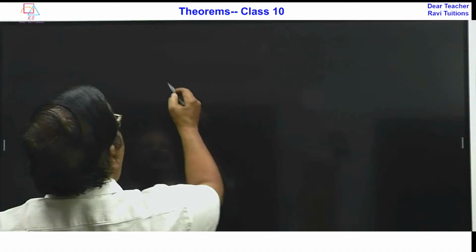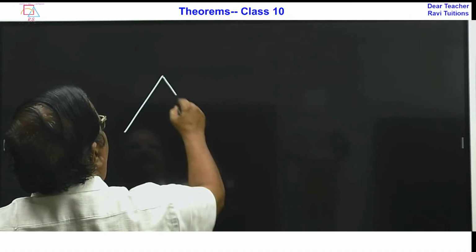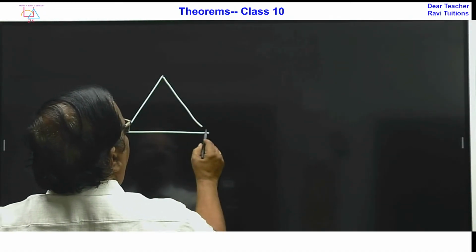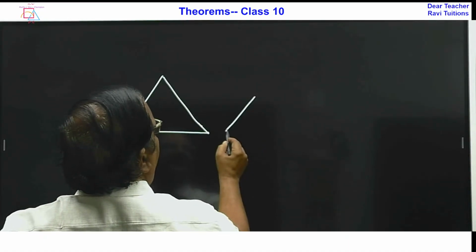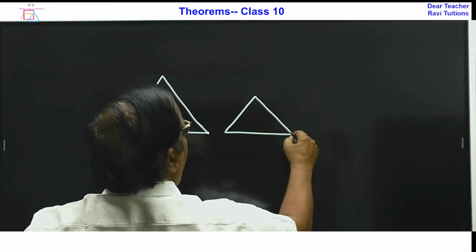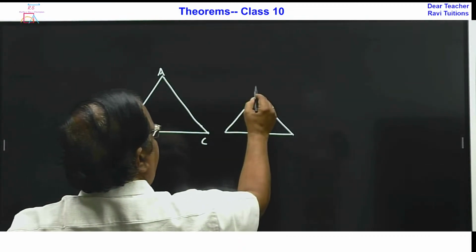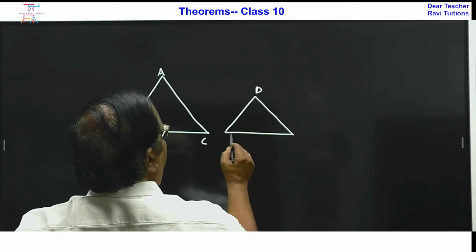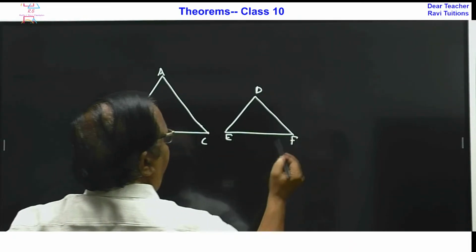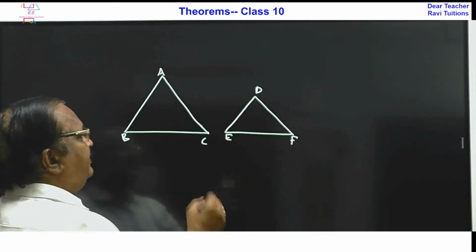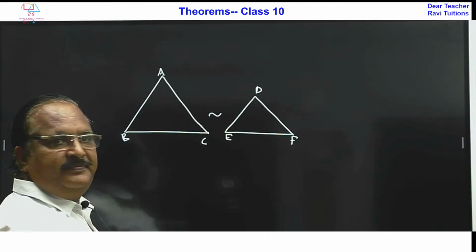These two are similar triangles: ABC is similar to DEF.